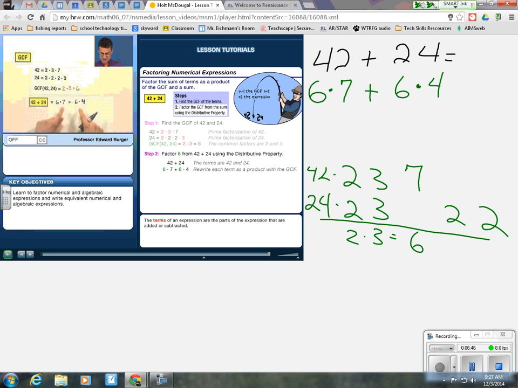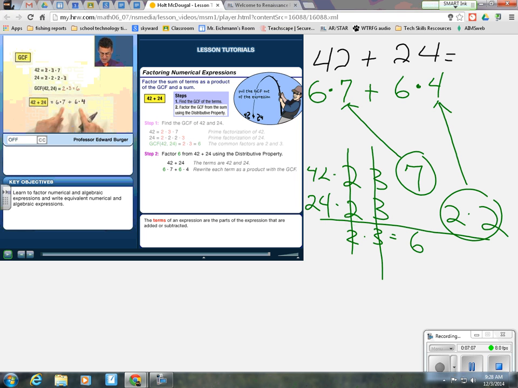We did our factor tree and we made our little chart and we used this 2 and we used this 3, right?